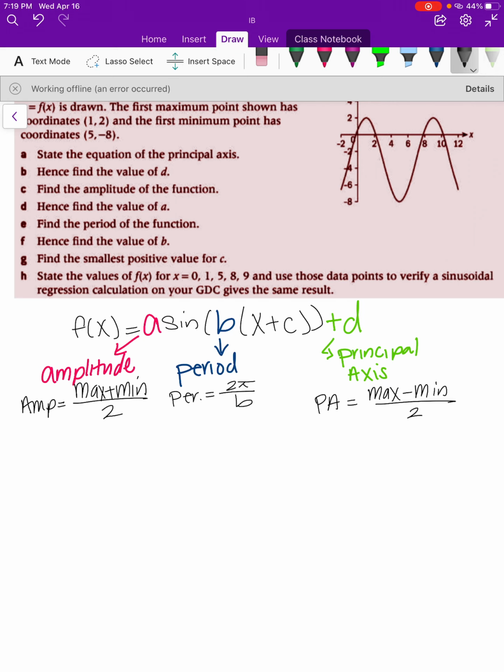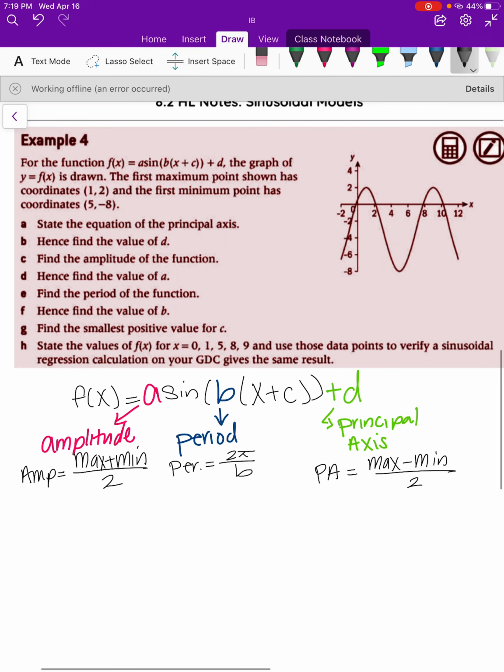And for the most part, when we're talking about sinusoidal functions on the coordinate plane, we're mostly going to be talking in radians, so that's why it's 2 pi over b, not 360 over b.